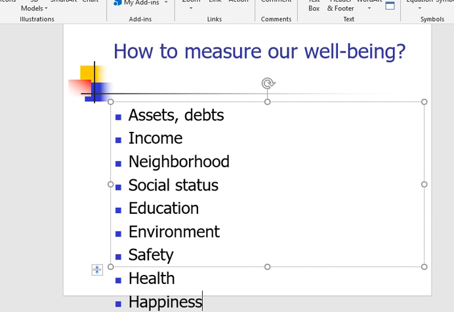So in this course, you will find that we tend to focus a lot on indicators that are easily quantifiable and well defined. The whole reason for this exercise is I don't want you to think that macroeconomists are a bunch of cold-hearted jerks who don't care about the environment, the happiness, or the health.